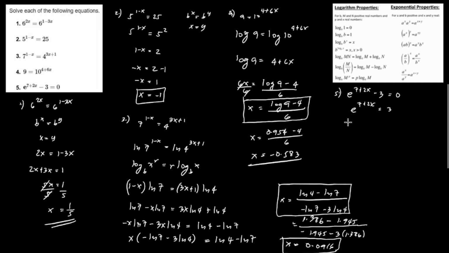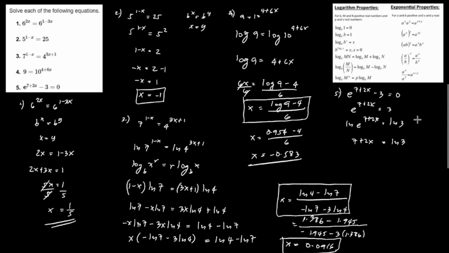In terms of natural logarithm, ln of e with exponent 7 plus 2x is equal to ln of 3. And ln of e with exponent 7 plus 2x is the exponent, which is 7 plus 2x, equal to ln of 3.